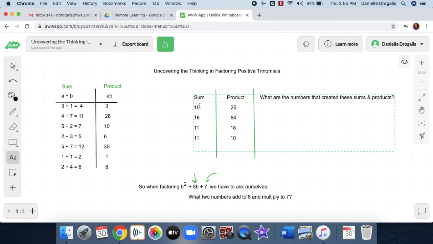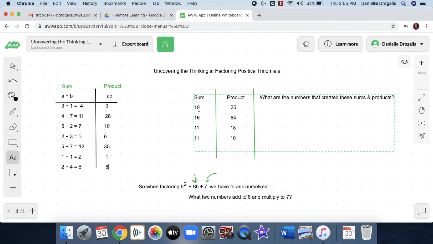So for example, when you take a look at 10, well, that could be from 0 plus 10. It could be from 20 plus negative 10. It could be from 8 plus 2. So there's actually an infinite amount of pairs you could make to create the sums. But what locks us into which particular pair we need comes from the product here.